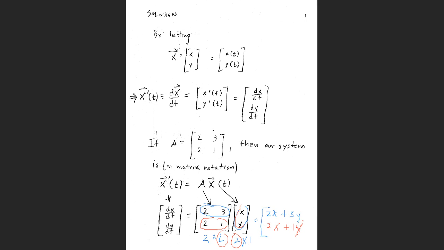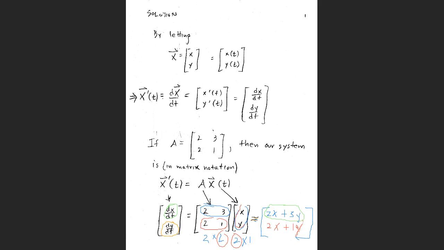And let me close the bracket there. And so you have then that dx/dt has to equal 2x plus 3y, and dy/dt has to equal, because this is an equals here, right?